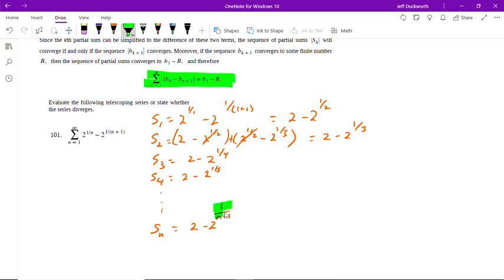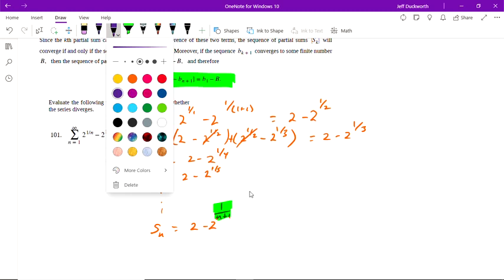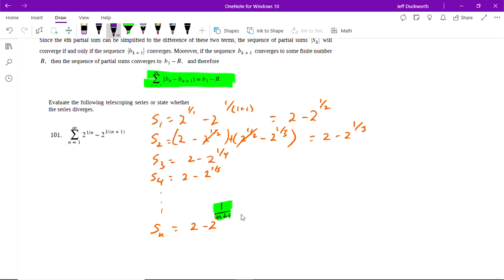This part here goes to 0 as n goes to infinity, as we're taking a limit. If we've got a fraction with the value in the denominator getting bigger and bigger, the whole fraction goes to 0, since there's nothing on top getting any bigger anyway.